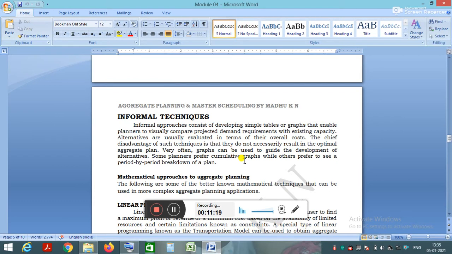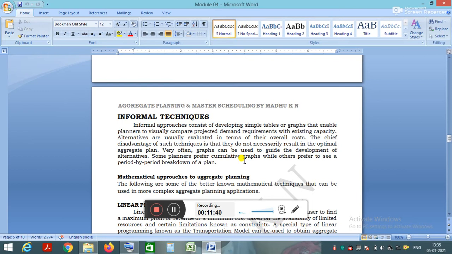But it doesn't yield an optimal aggregate planning, the best aggregate planning. But this is the most commonly used technique followed in the management system. It may be a service organization or a manufacturing organization.